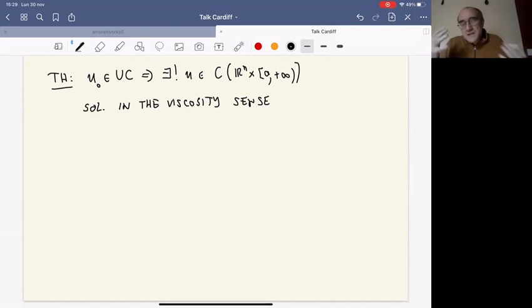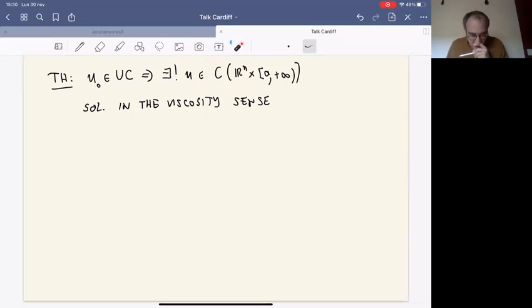It's a way to use a comparison principle to formulate a more general notion of solution. You see here we have only continuity, so in general the equation does not make sense; you cannot even differentiate this.